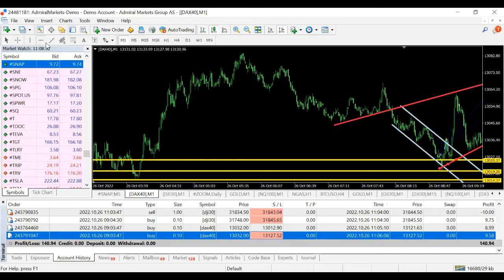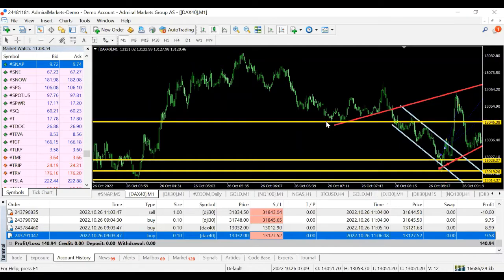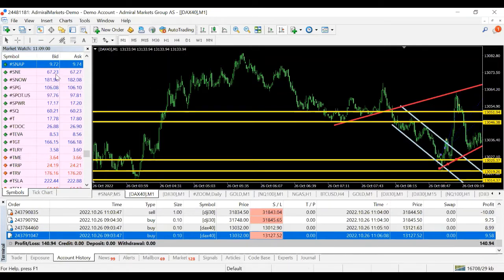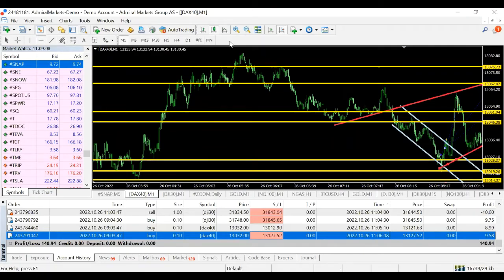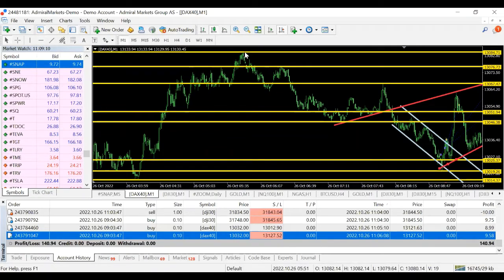Or if you want to set target prices with horizontal trend lines, you can draw a trend line here, or maybe here also. And the main target can be this area or this one for the last 0.10 of the open position.